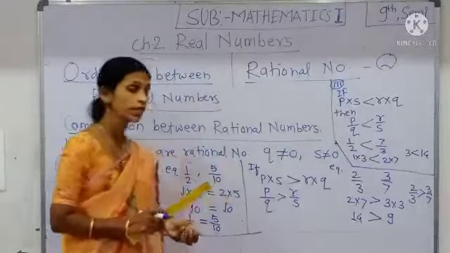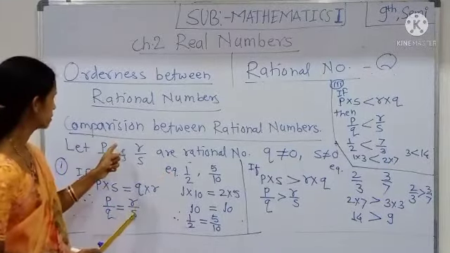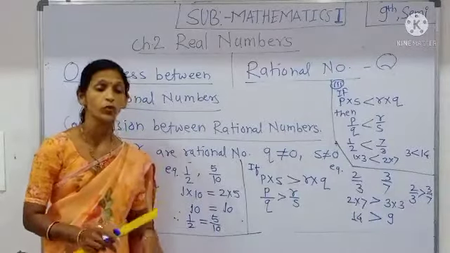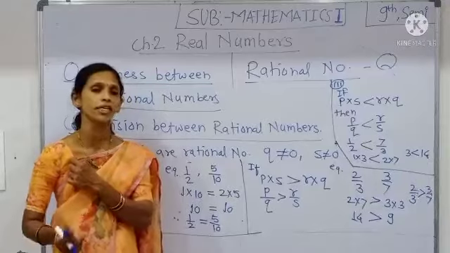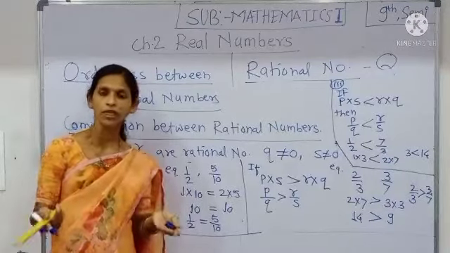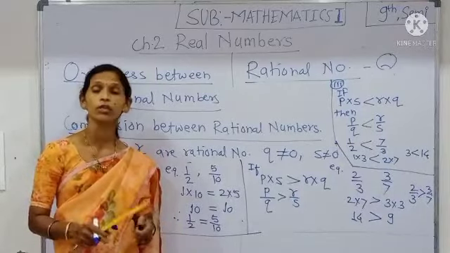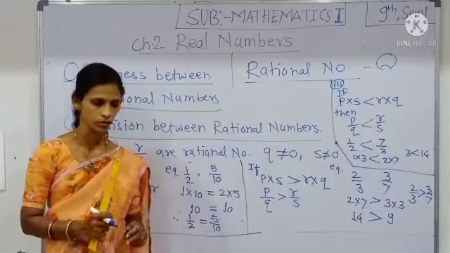That means that is the comparison or orderness between rational numbers. We can compare between the given rational numbers, which is the biggest or which is the smallest rational number, or whether the given rational numbers are equal values.